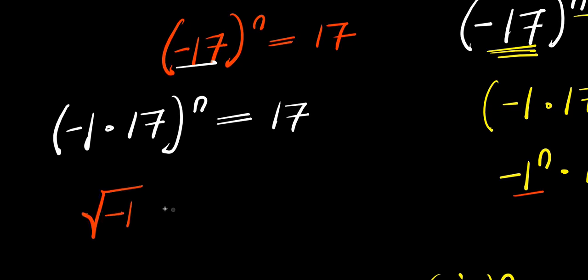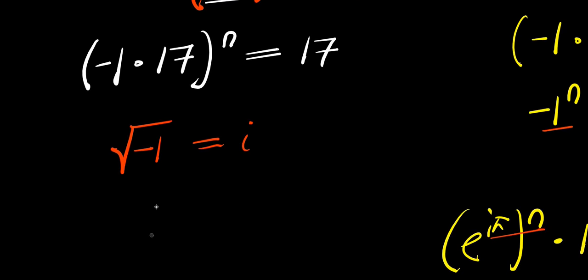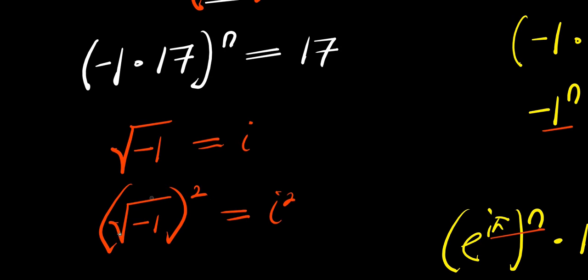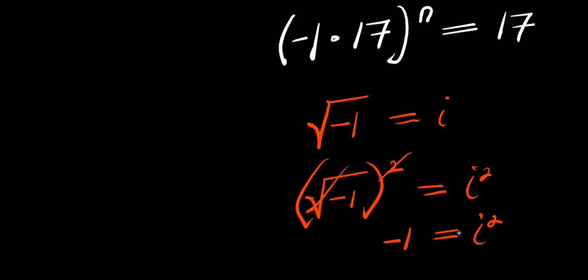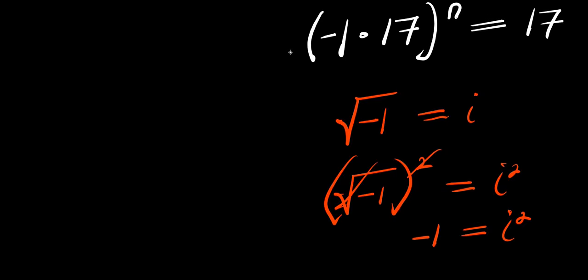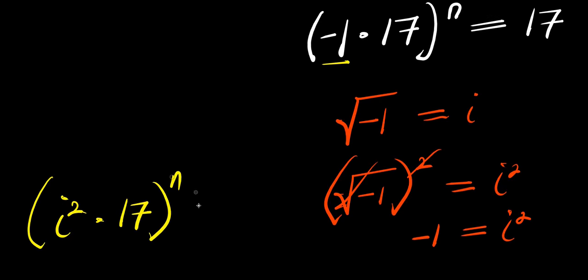Square root of -1 equals i. I can take the squares of both parts of this, so we have -1 equals i to the power of 2. Meaning that the negative one we have here, I'm going to replace it with i to the power of 2 times 17 raised to the power of n equals 17.